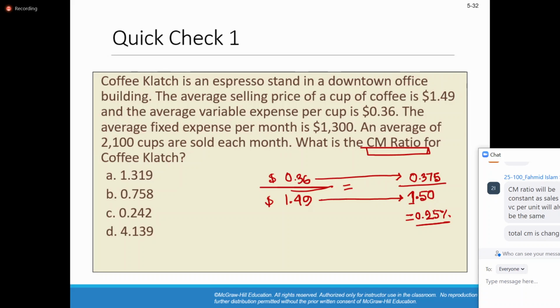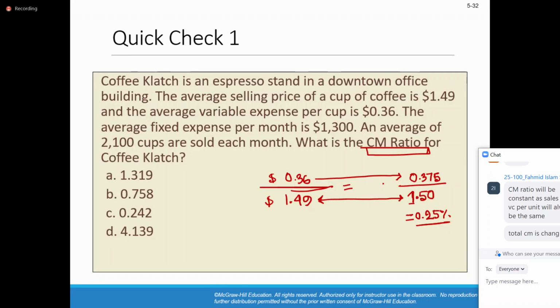You see why it should be greater than 0.75, because the numerator is a little bit lower, and the denominator is a little bit lower from this 1.5.